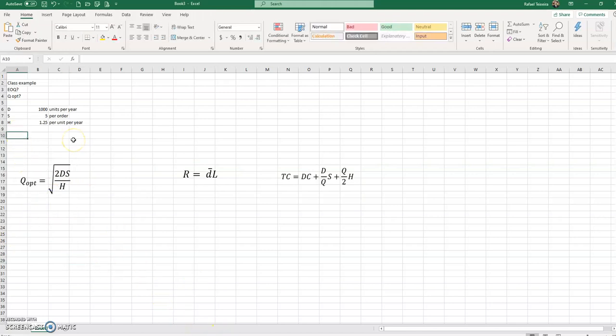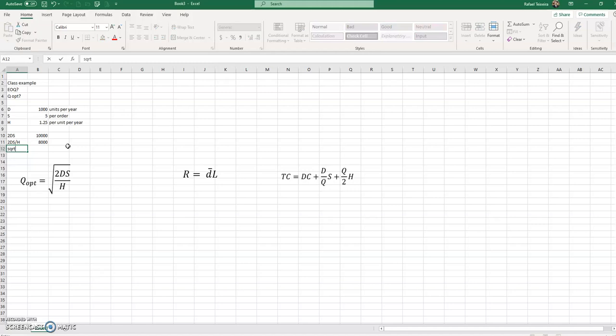The numerator is 2DS, which is equal to 2 multiplied by D multiplied by S. Then we have H. Let's do 2DS divided by H. Now what I'm doing is the numerator divided by the denominator. So this is 2DS, which is 10,000, divided by 1.25. And finally I can do the square root.